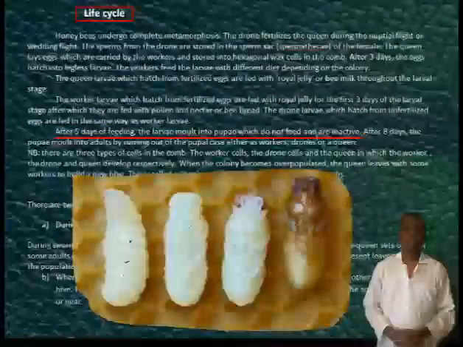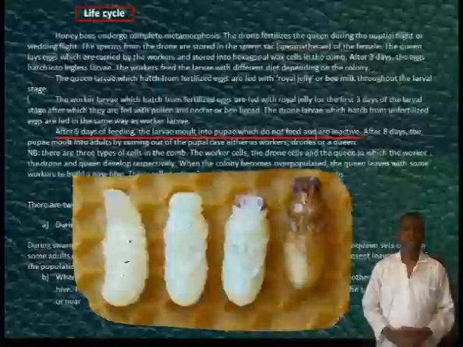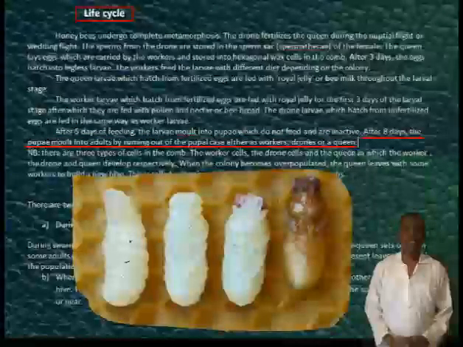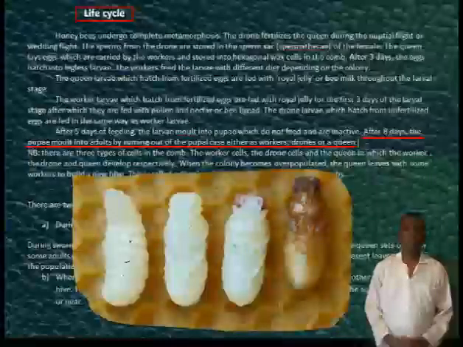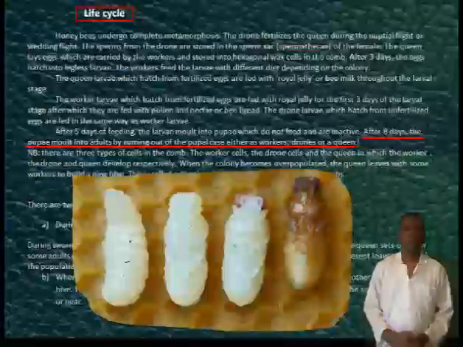After 5 days of feeding, the larvae molt into pupae, which do not feed and are inactive. After 8 days, the pupae molt into adults by coming out of the pupal case, either as workers, drones, or queens.